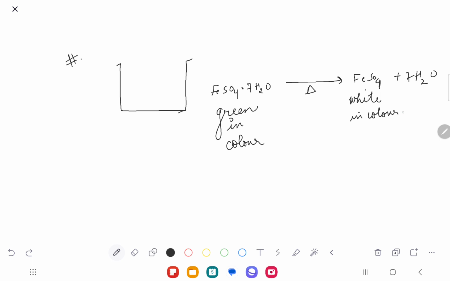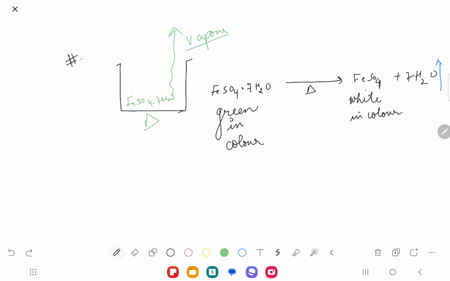So water is coming out of the beaker, so I'm going to put an arrow sign upwards. What do you mean by the arrow sign upwards? Tell me. We had this green colored FeSO4.7H2O, and after heating it, the H2O leaves the beaker in the form of vapor. So we put an upward arrow.